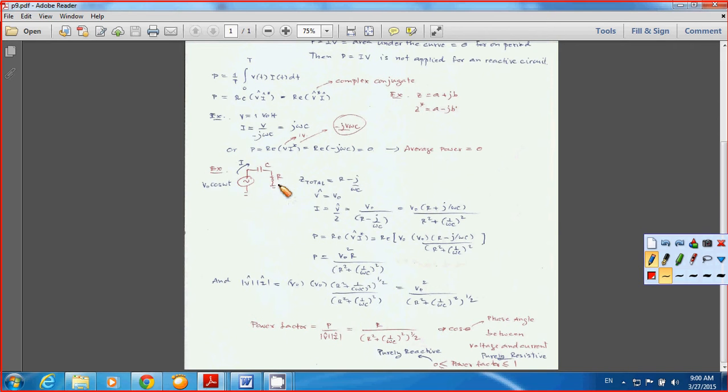Now let's take a look at the circuit when you connect a capacitor in series with a resistor, and you have the input become V0 cosine omega t.